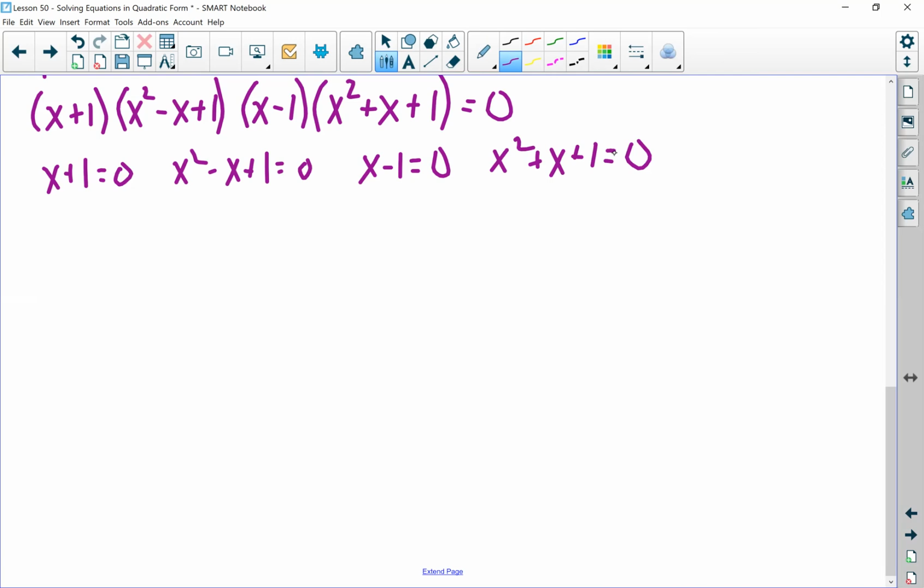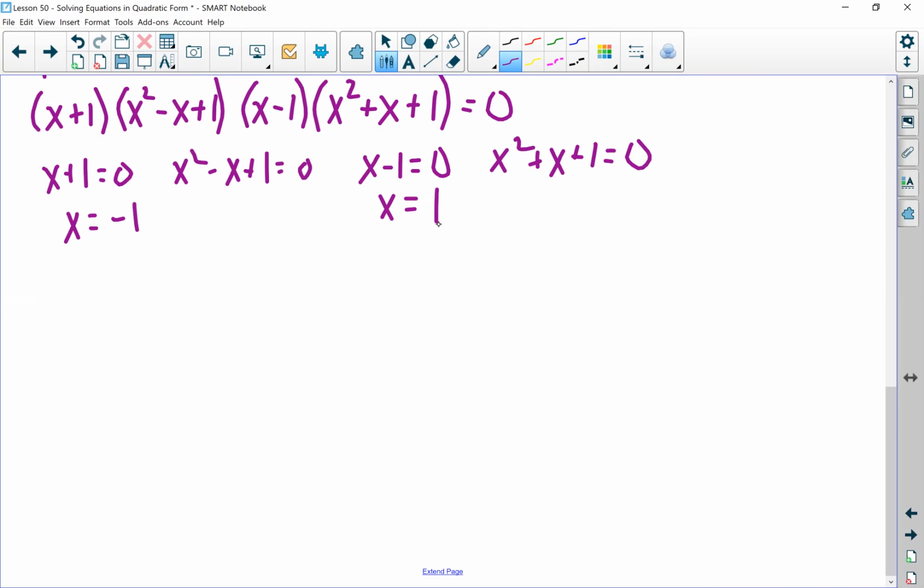All right. So x plus 1 equals 0. That means x has to be negative 1. And x minus 1 equals 0. X would be positive 1. Notice I skipped the x squared minus x plus 1 and the x squared plus x plus 1.